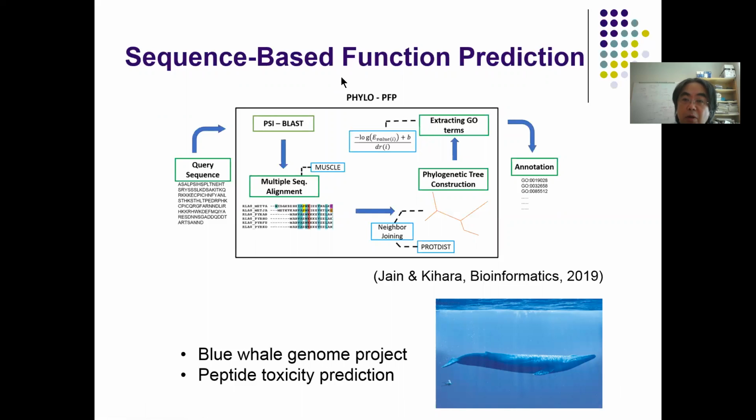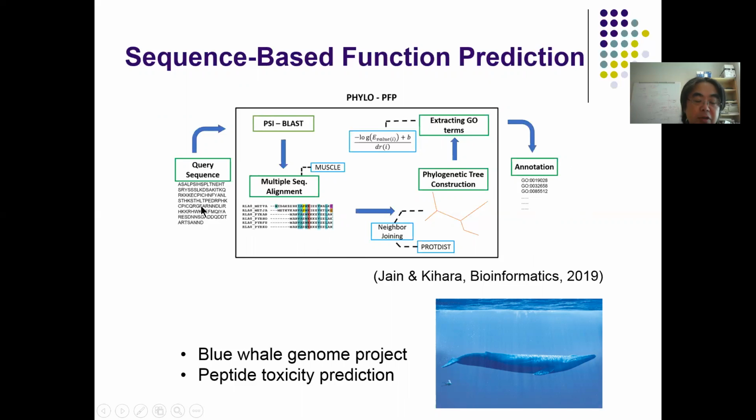So, we also do sequence-based approach work. This is predicting function from amino acid sequence. From amino acid sequence, there are a couple of steps, but at the end, we predict the list of functions for this protein.